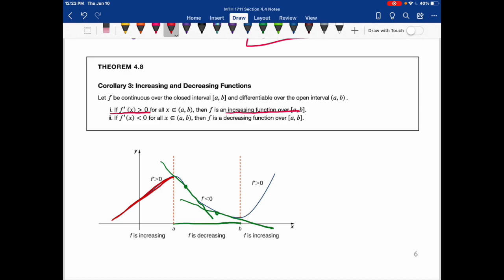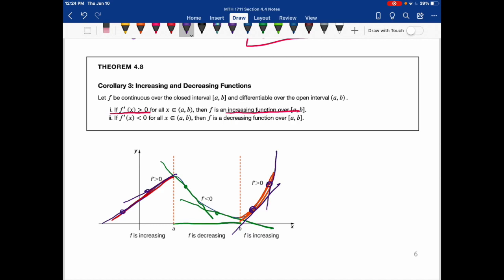If I look at a different interval, let's look at this interval right here in red. If I pick any point on this red interval here, and I take the derivative, it is going to be positive because the tangent line at any of those points is going to be positive. And then if we look at the last interval here, same idea.